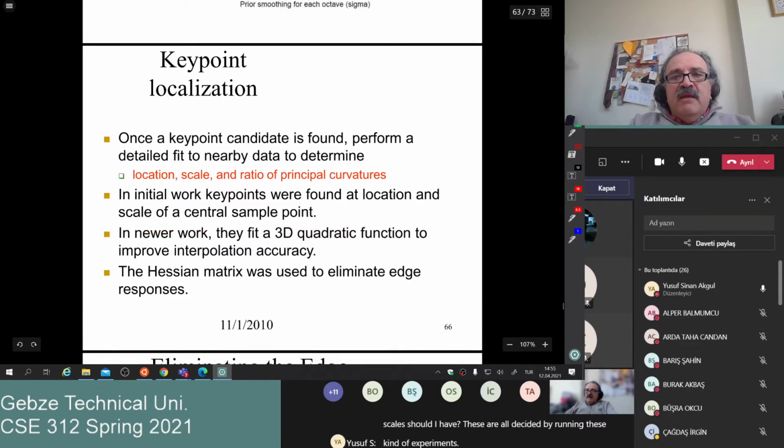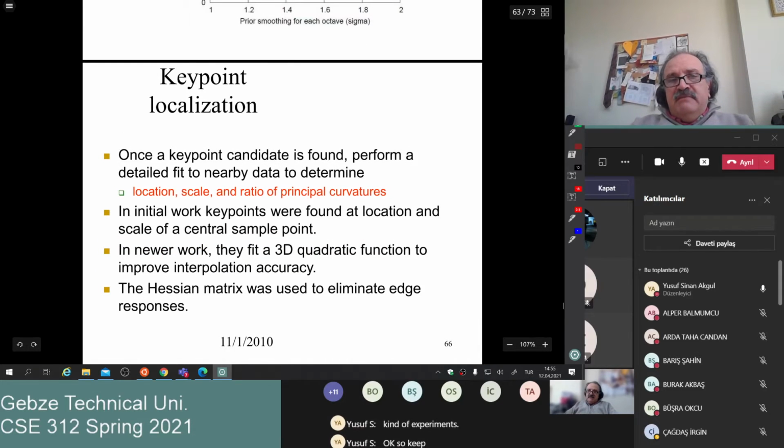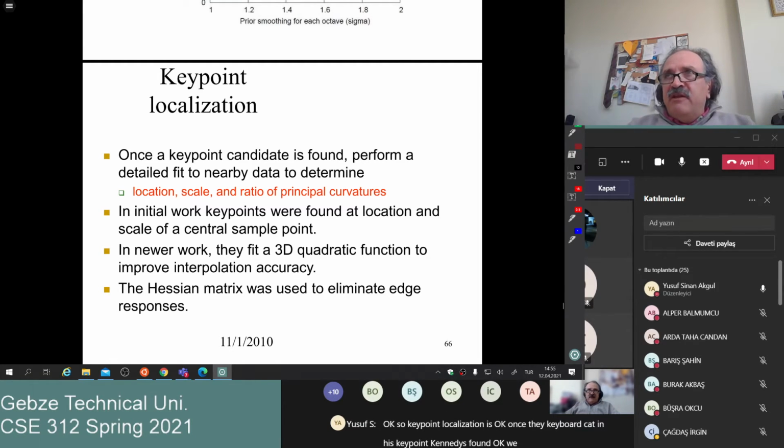So key point localization: once a key point candidate is found, we say that I find the location and I find the scale. By fitting a three-dimensional surface to that area, maybe I can find the principal curvatures, but I'm not going to go into details of that one.